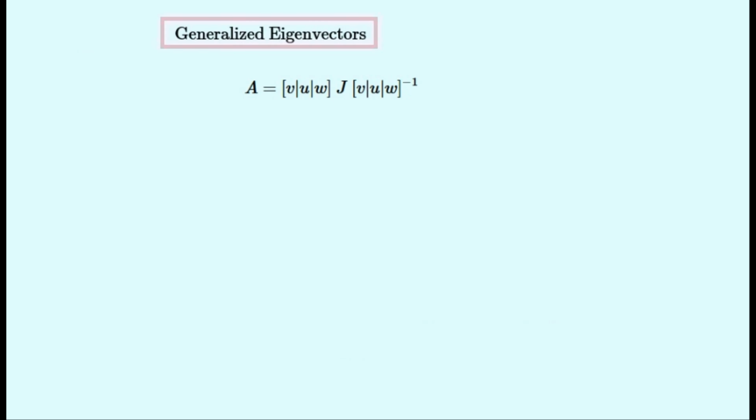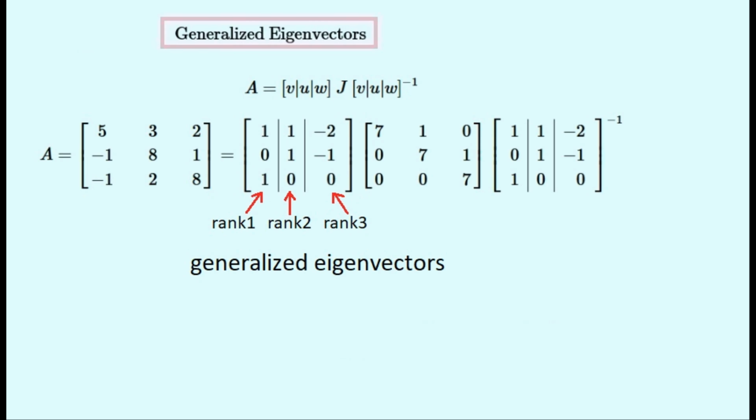V was found first, then U, then W. You can see it more clearly here, where all of the matrices and vectors are substituted in. All of these generalized eigenvectors are placed one after the other in order of rank 1 being the eigenvector itself.